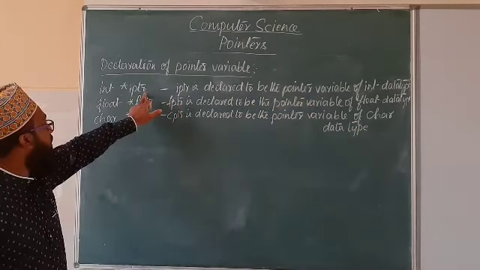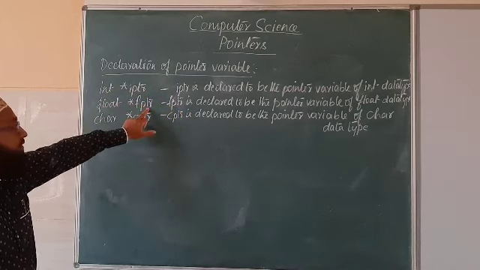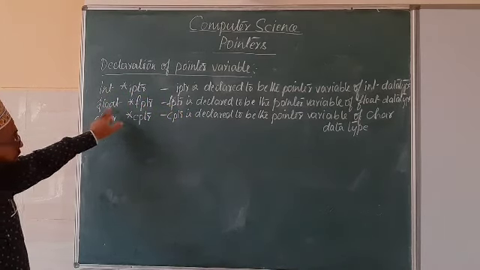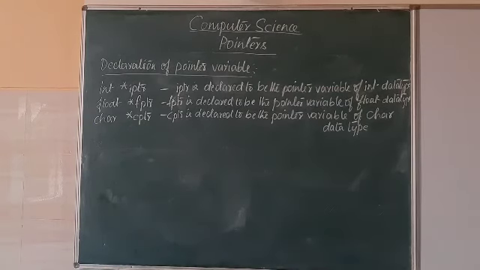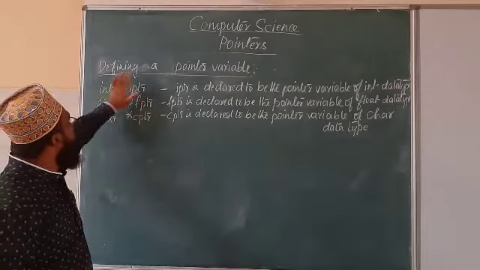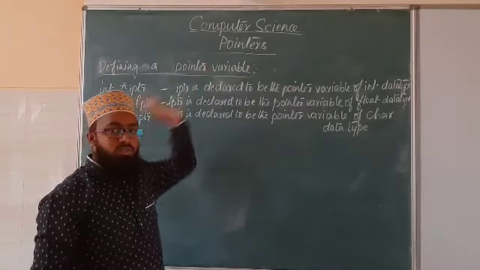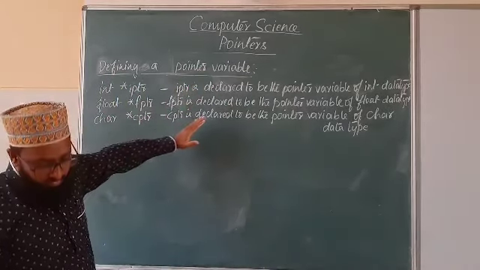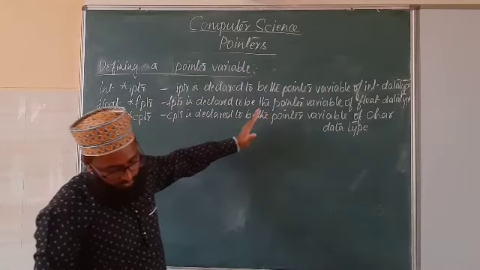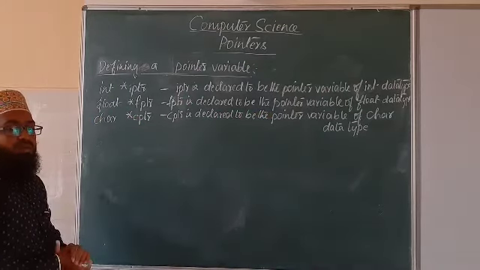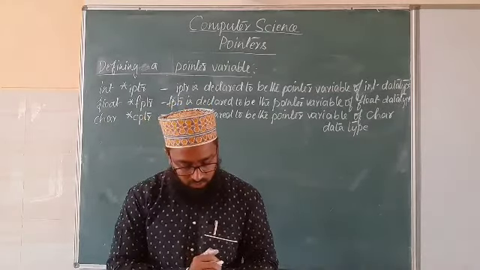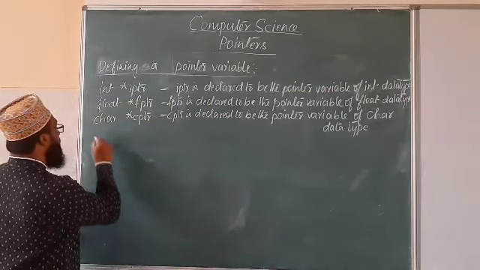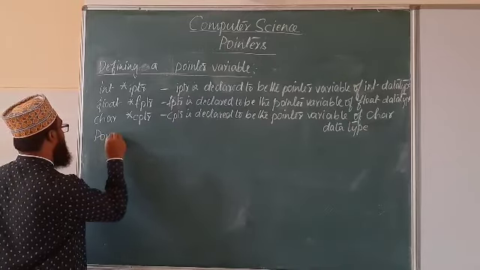IPTR is a pointer variable of integer data type, FPTR is a pointer variable of float data type, and CPTR is a pointer variable of character data type. So far we have discussed defining a pointer variable. Now we are going to discuss pointer variable assignment.